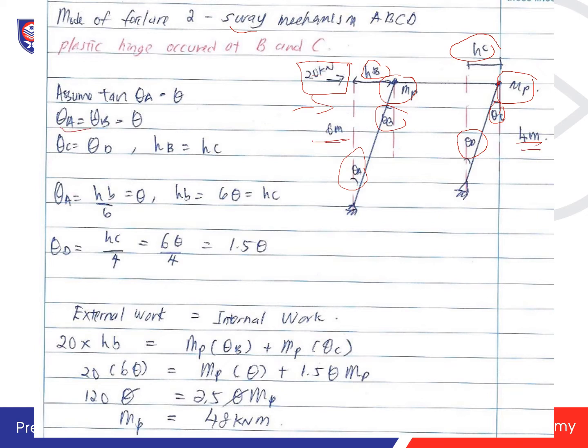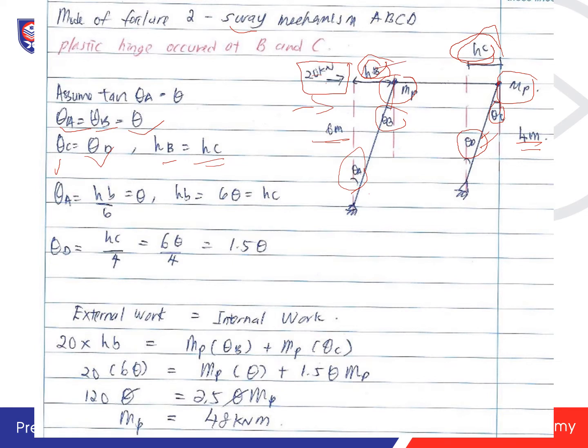So theta A is equal to theta B. You can see that this theta A is equal to theta B, which is also equal to theta. And theta C is equal to theta D. HB is equal to HC. Now we assume they have the same total movement, the HB and the HC are the same.